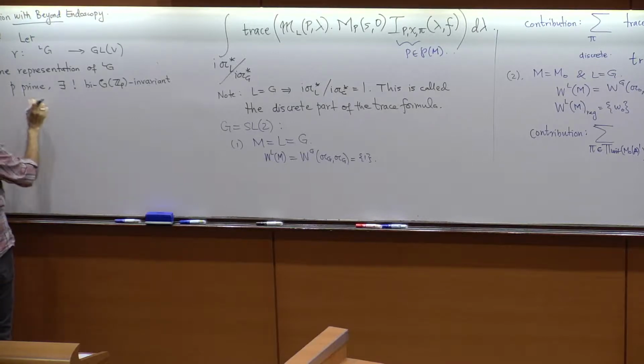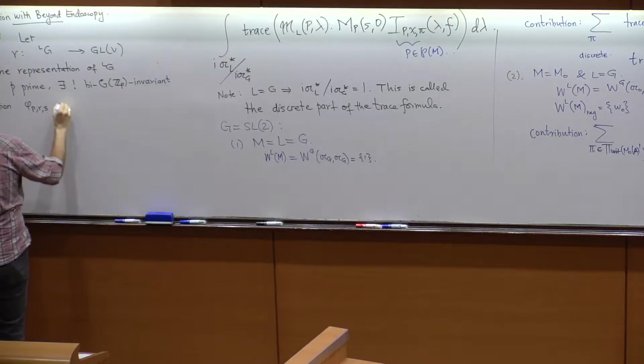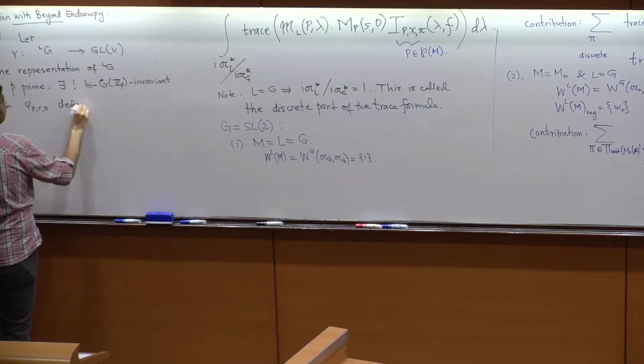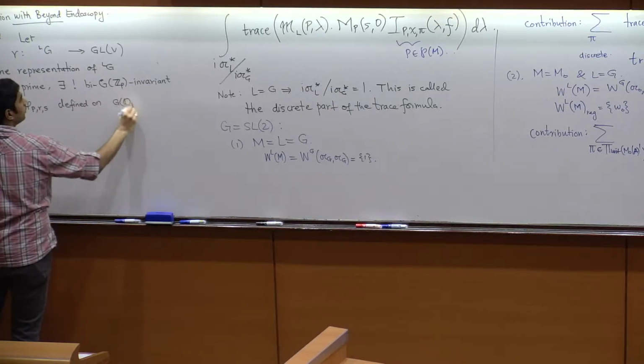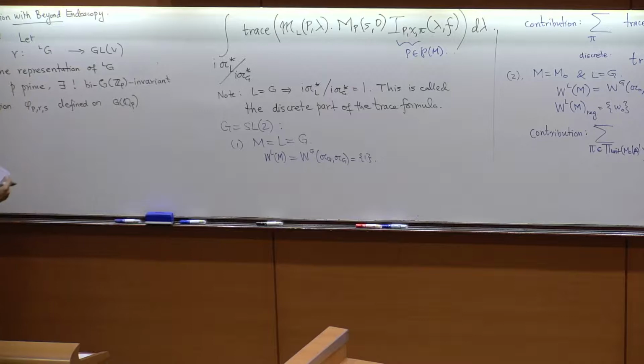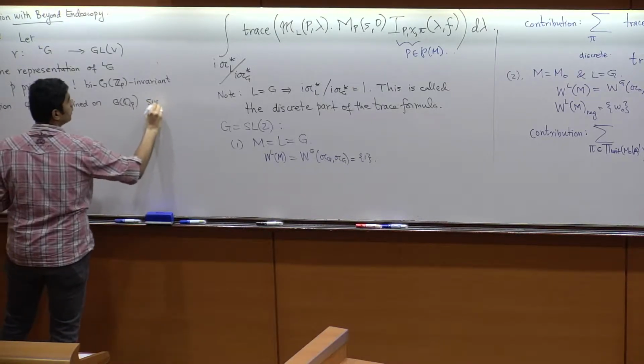So there exists a unique bi-G(Z_p)-invariant function phi_{p,r,s}, indexed by p, the representation r, and a complex parameter s, defined on G(Q_p), and it satisfies the following property.